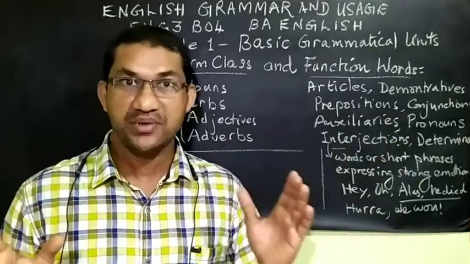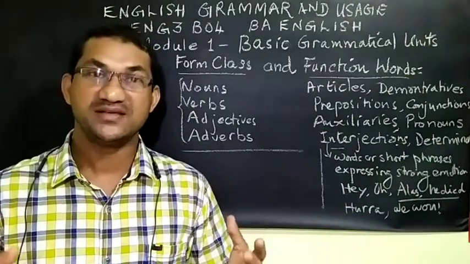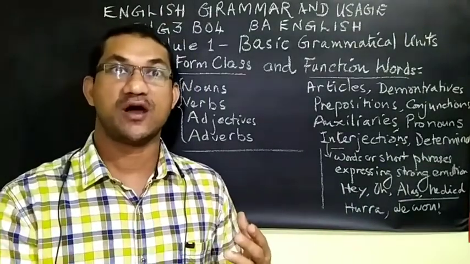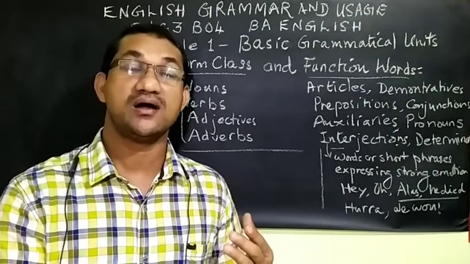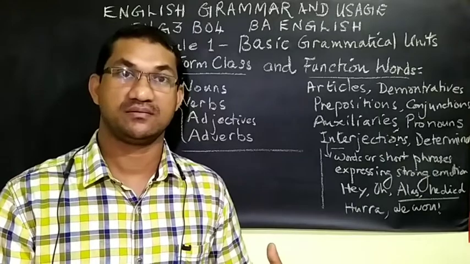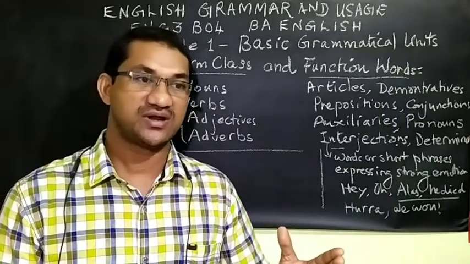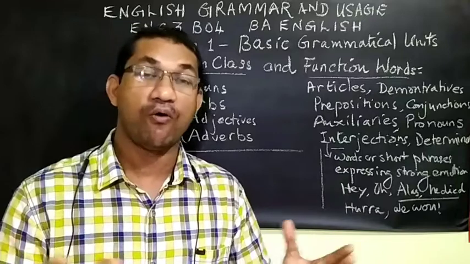They have different appearances in different sentences. And it is based on the function a vocabulary item is discharging that we get meaning. And we have to understand the three basic notions, like form.